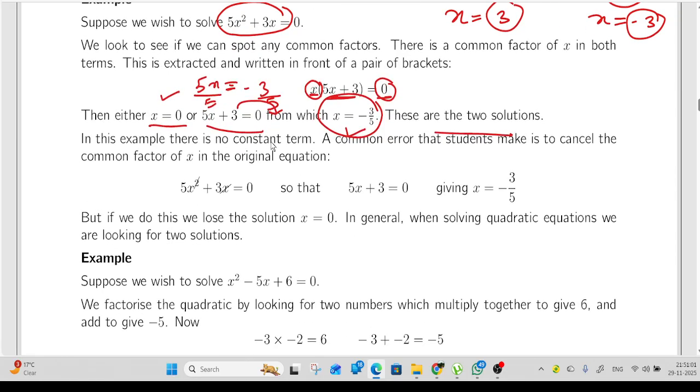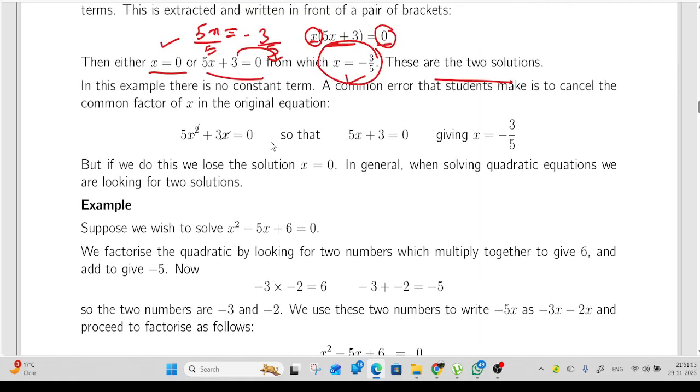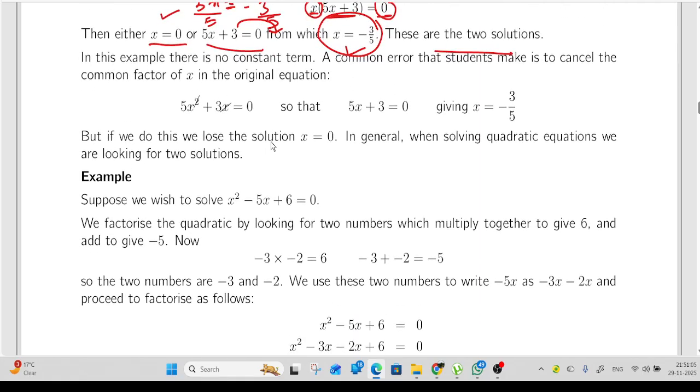Now let's see one more question. We have negative x square plus 6x is equal to 0. In this question we can see we have x common, because both of them have x, and 2, right?